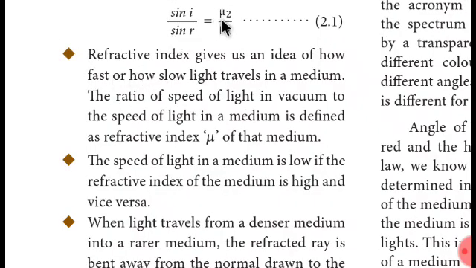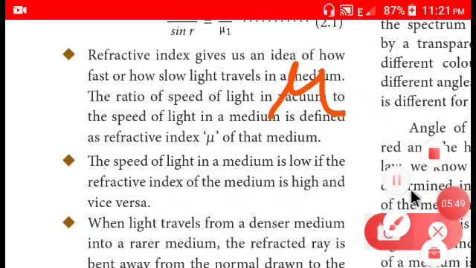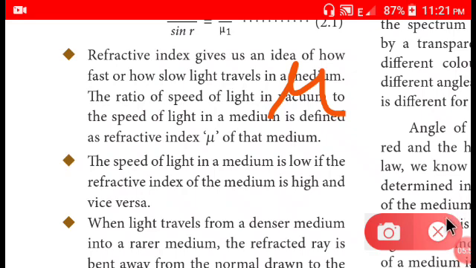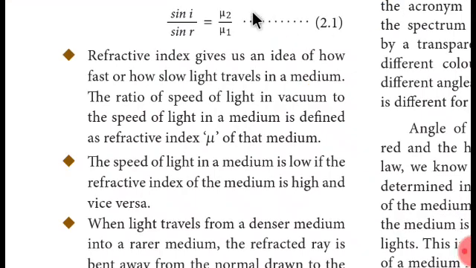This symbol, you might be knowing, is called mu, and it denotes refractive index. So what is refractive index actually? We need to have some idea of what refractive index is before knowing this law. Here they are giving that refractive index gives us an idea of how fast or how slow light travels in a medium.